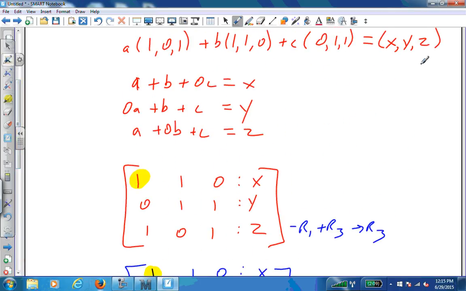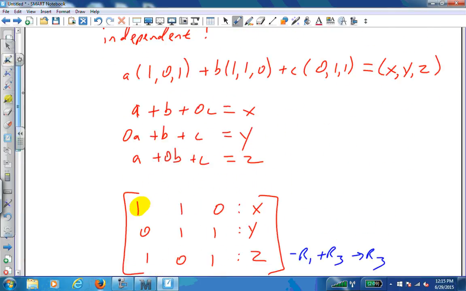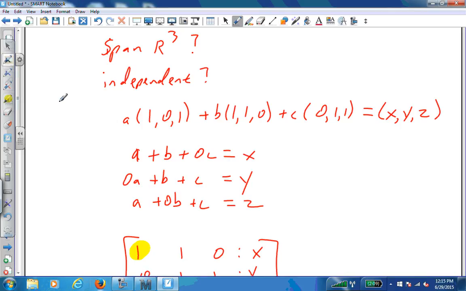Are these three vectors linearly independent? Remember we said the way we check that is we set up the homogeneous, we add them together and see if that equals 0. If the only solution to that is the trivial solution, then yes, they are linearly independent.